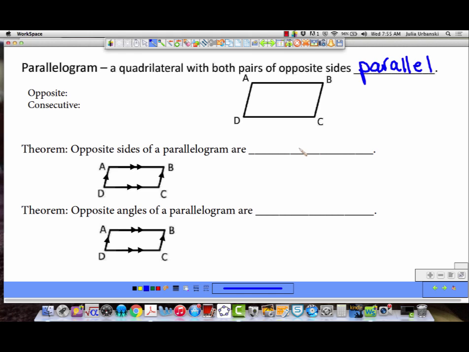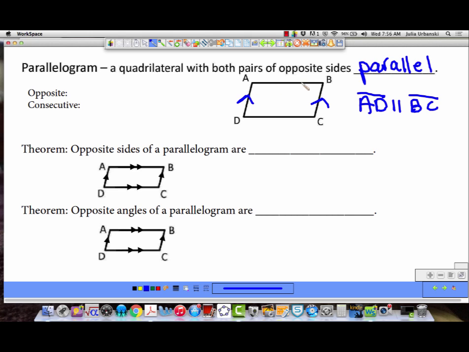Okay? So the opposite sides: AD is parallel to BC. Those are part of the definition. Anytime you know you have a parallelogram, this is absolutely true.